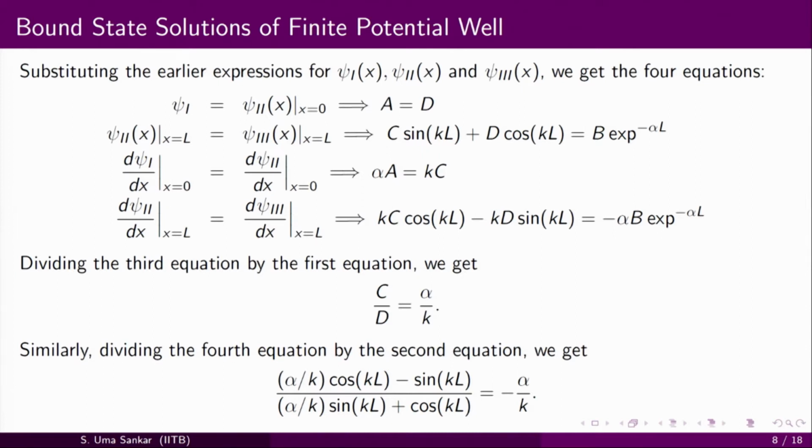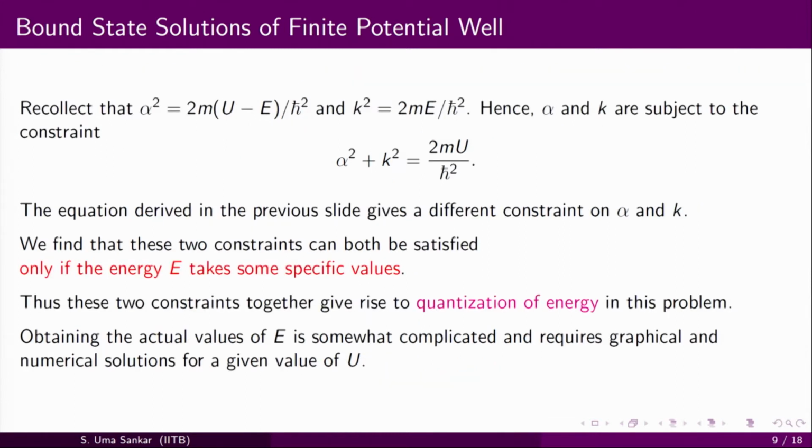So, what is the meaning of this equation? Looks very complicated, but what is the meaning of this equation? Before we see that, let us also remind ourselves what alpha and k stand for.